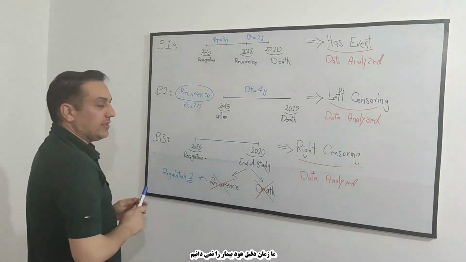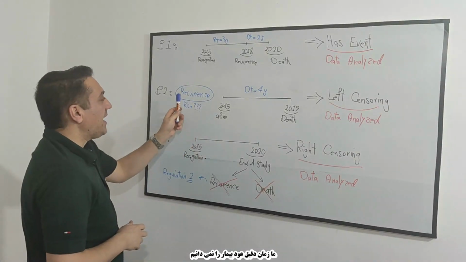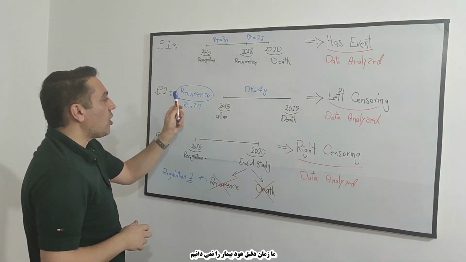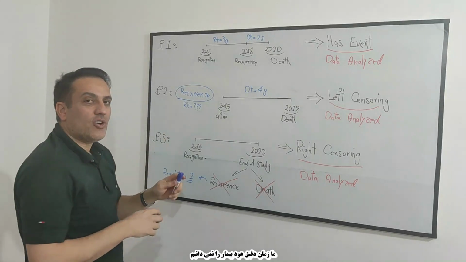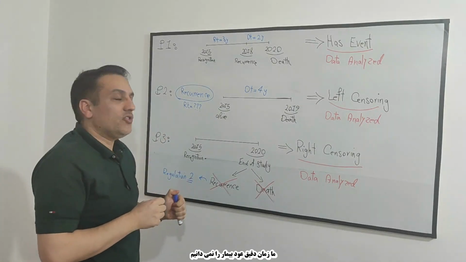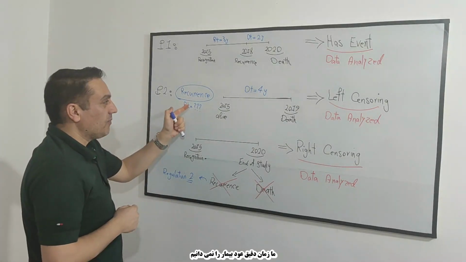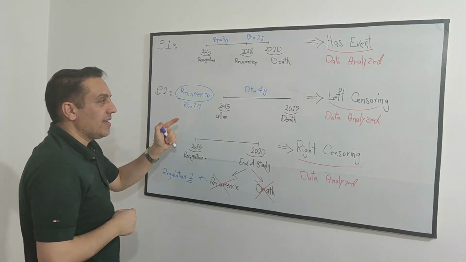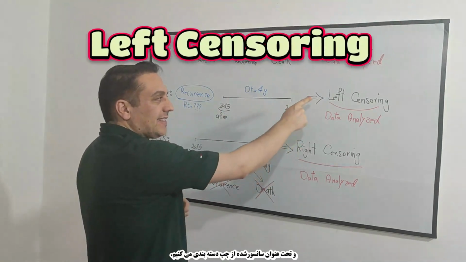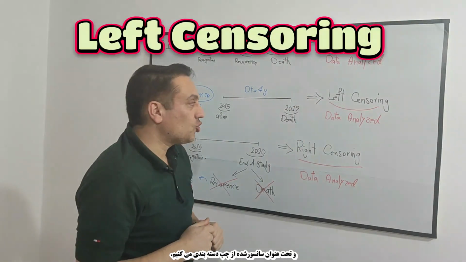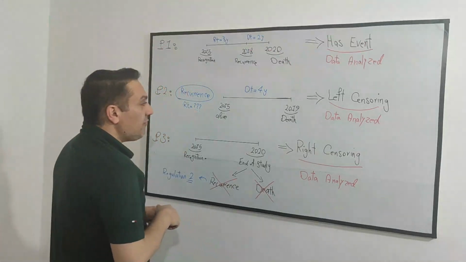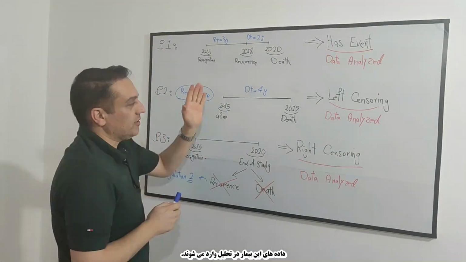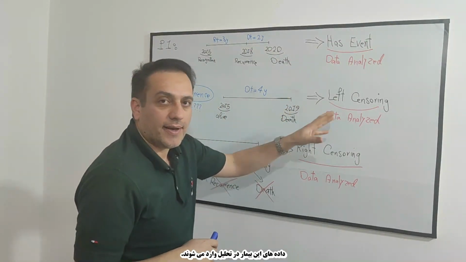Since this patient has an unknown recurrence time and we don't know the real date of recurrence, the event of this study is categorized as left censoring. Information and data of these patients are important to study and analyze.